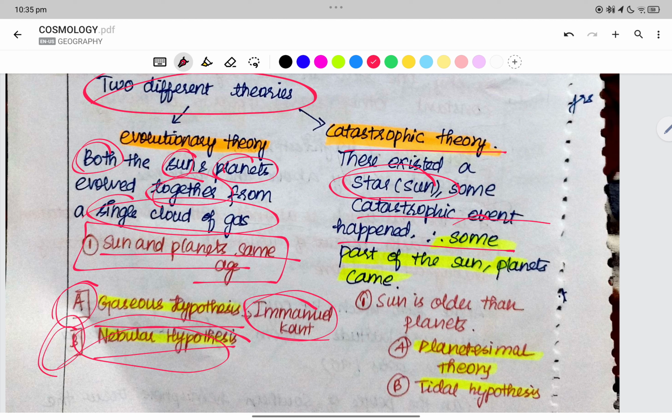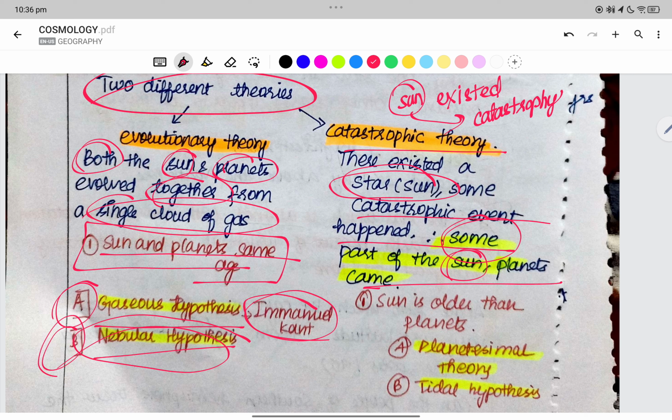Because of this catastrophe, some parts of the sun came out as planets.